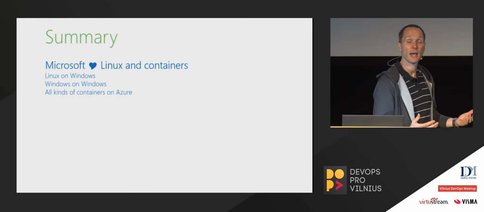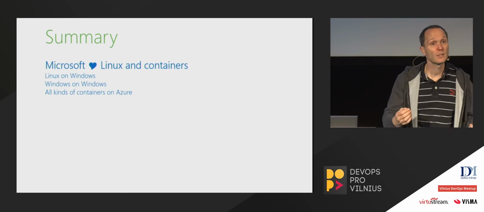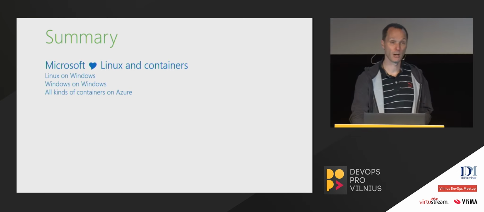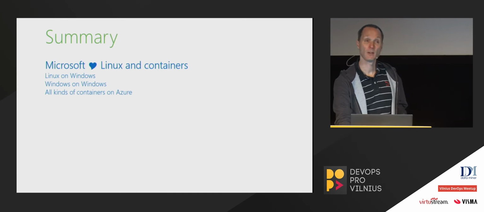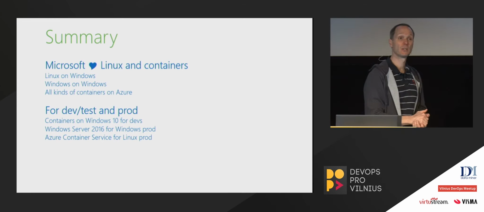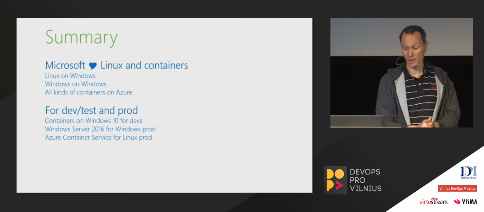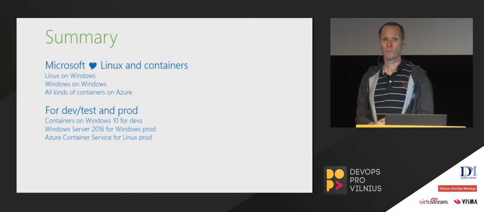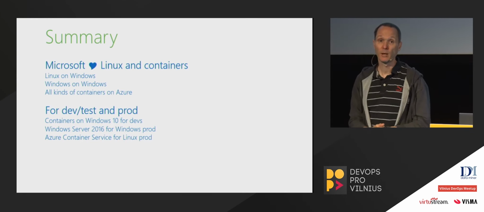And what they did, as you have seen, you have great support for Linux containers on Windows 10. You have great support for Windows containers on Windows. And you can run, of course, all kind of containers on top of Azure. For me personally, I run development and test purposes mainly on Windows on my machine.